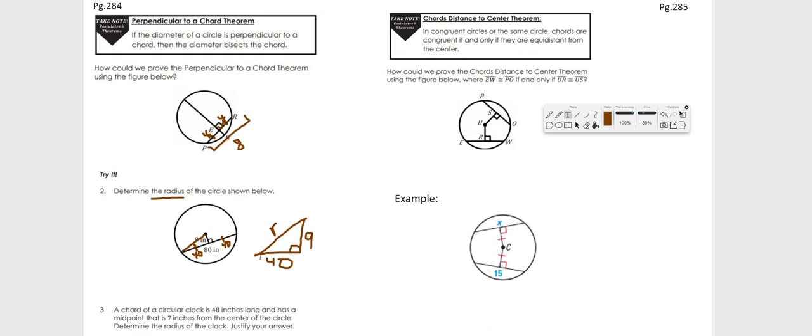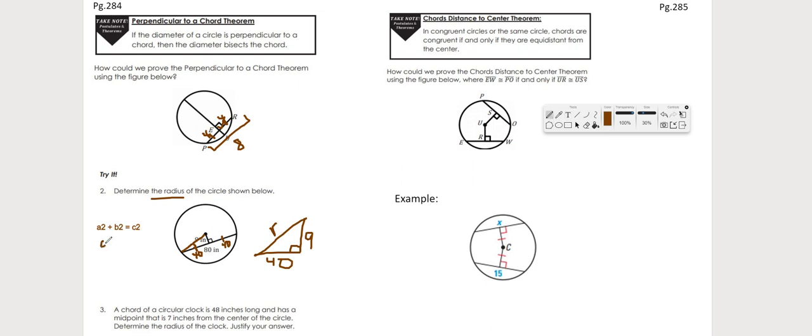And as you know, how do we find a missing side? You're going to use a squared plus b squared is equal to c squared. You're going to use the Pythagorean theorem. In this case, notice the longest side is what's missing.